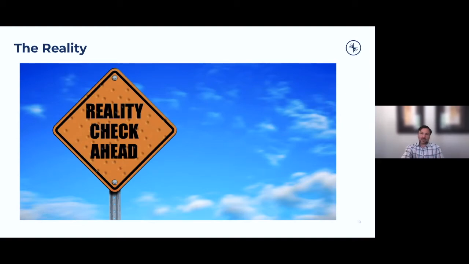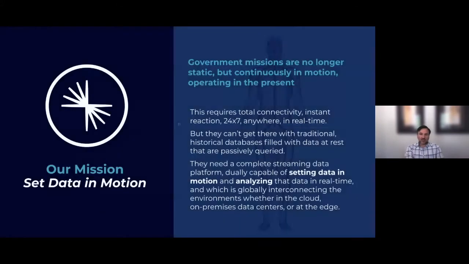And one of the key components of this is the ability to start to put data in motion, right? This is a concept that's very near and dear to our hearts, because data in motion is something that we've really founded our company around, and it's something that we see across the board that government missions need to be able to react in real time to what's happening around them.